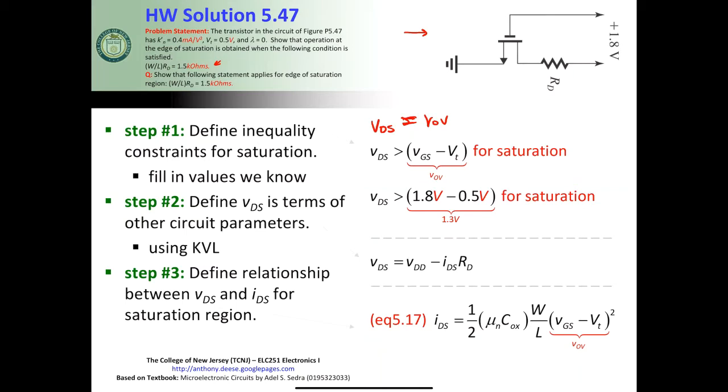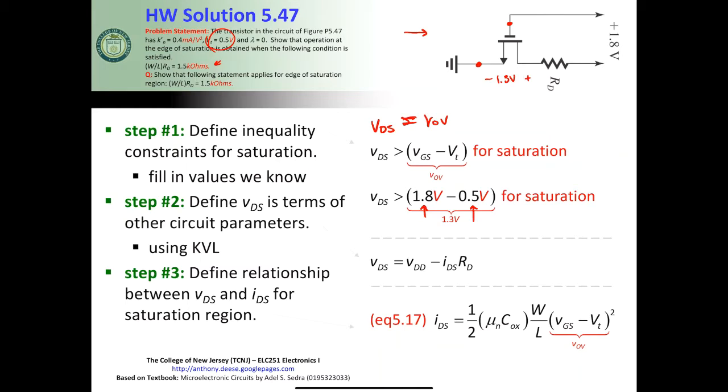It's 1.8 volts, because that's the difference between this point and this point right here. We also know VT, because that's given to us as 0.5 volts. So we know that our VDS is going to have to equal 1.3. So we need a 1.3 volt difference right here in order to reach the edge of saturation.